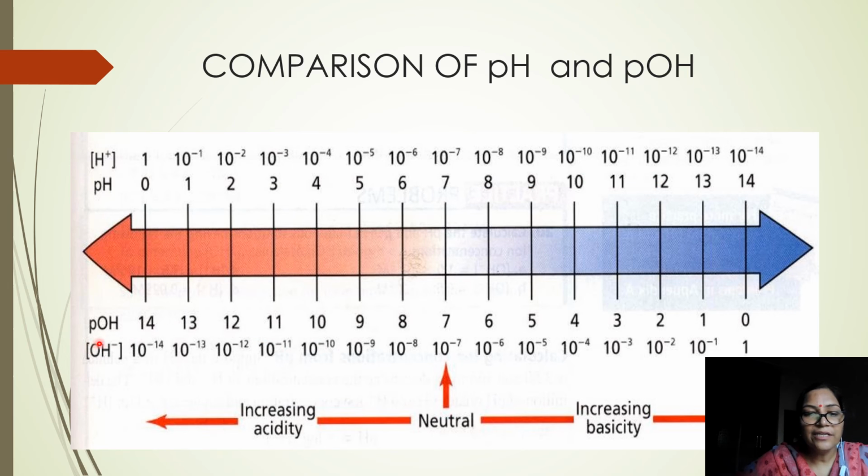On the lower side, pOH values are given. The sum of pH and pOH is always 14. 6 plus 8 equal to 14, 4 plus 10 is 14, 2 plus 12 equal to 14, and so on.